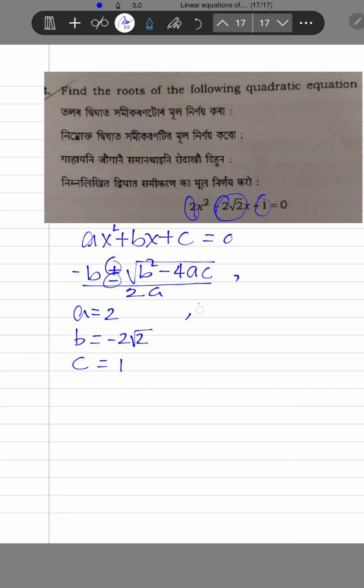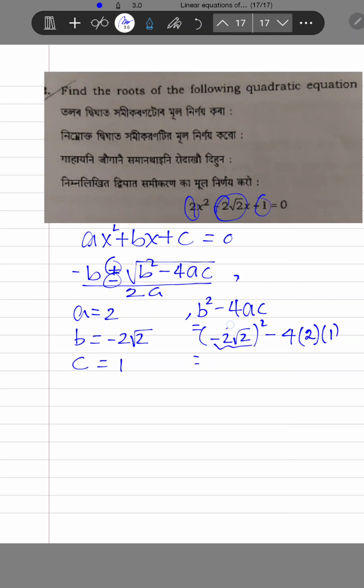So let's see what the determinant b squared minus 4ac is.